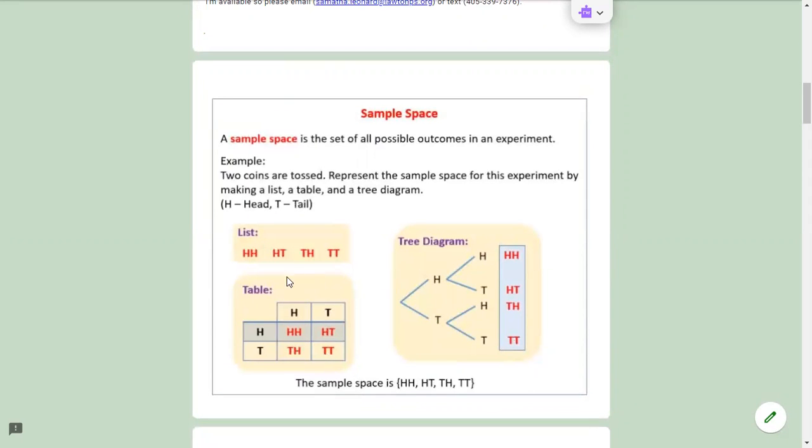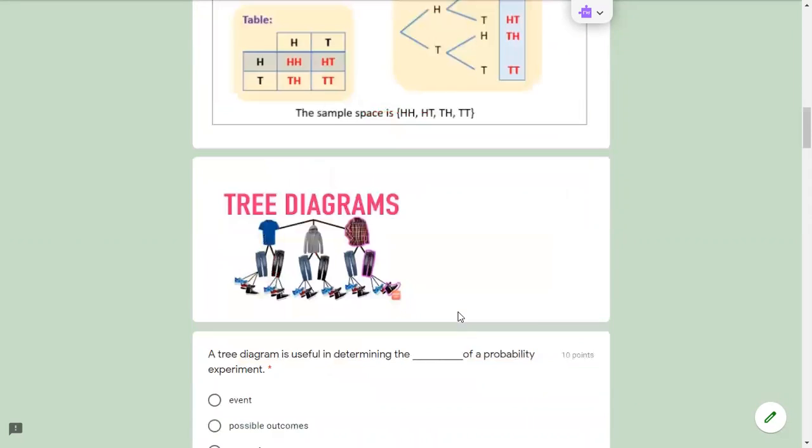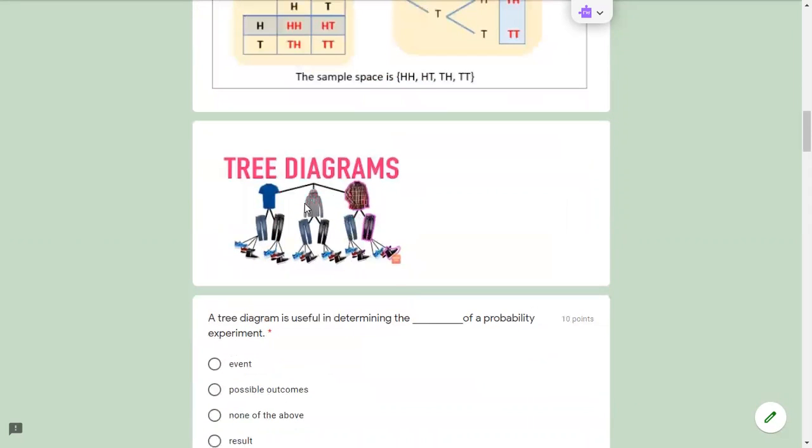You could show that in 3 different ways. We are going to work with particularly tree diagrams and lists. You might see a few tables in your examples. Tree diagrams, so if you're seeing the options for an outfit, then you have 3 different shirts and 2 different pants and 3 different pairs of shoes. So there is an option for this shirt with those pants and those shoes, as you can see as pinkly highlighted.